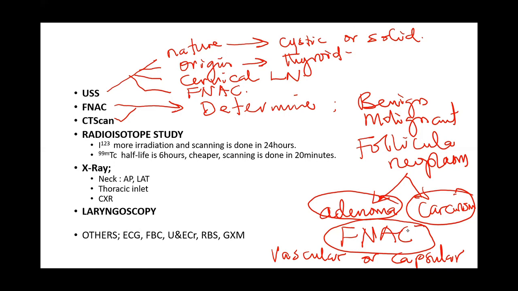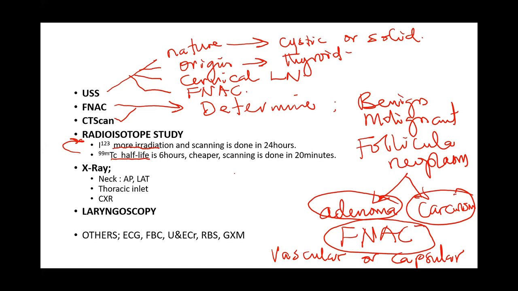It is preferred to use technetium 99 over iodine 123 because iodine 123 has more irradiation, so there is more exposure to irradiation, while technetium 99 has a lower energy radiation.